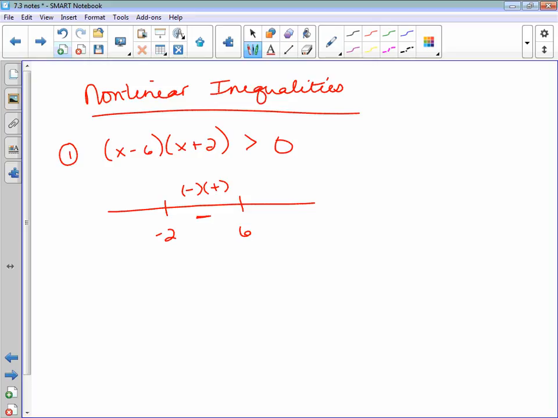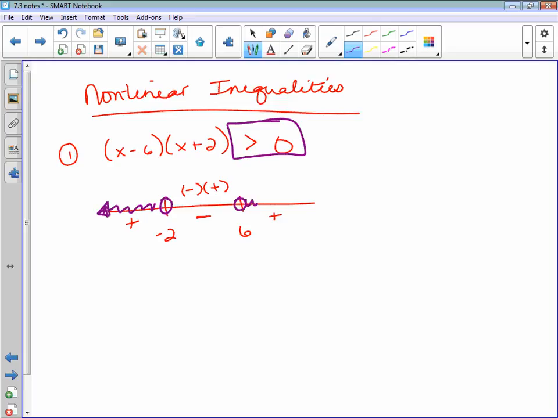Plus and plus, okay? You have to pay attention to what your inequality is asking you now. When we did domain, it was always the same thing, but now it could be different. We could be looking for the negative. We got to see if we're looking for the zeros or not. This says just greater than 0. That's positive stuff, right? So that means not including the -2, but everything over here.